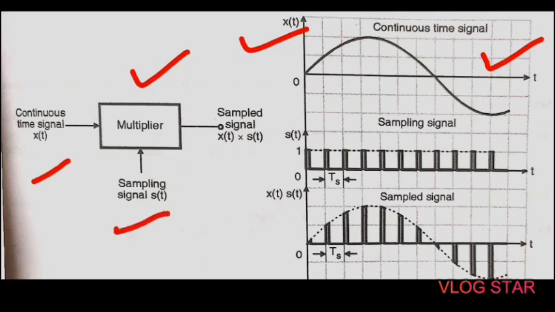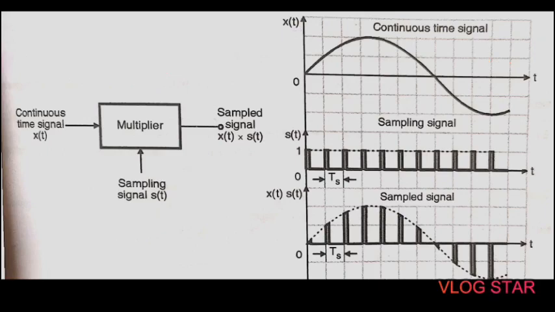This signal is called the sampling function, denoted by s of t. At the output of the multiplier, we get the sampled version of x of t, and the sampled signal is a discrete signal.